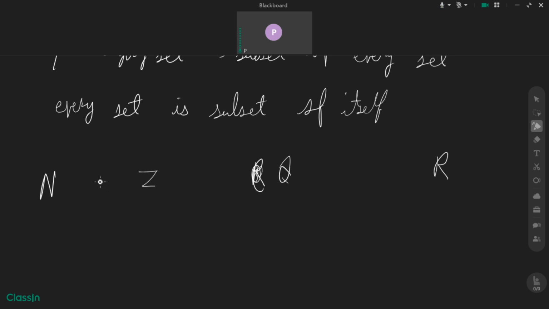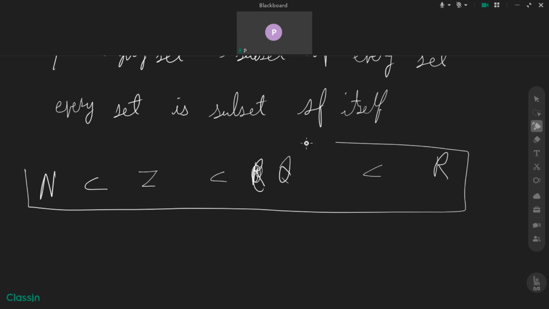We see that natural numbers are a subset of integers, the integers are a subset of rational numbers, while all rational numbers are a subset of real numbers. So this is a kind of relation that is followed by these number systems.